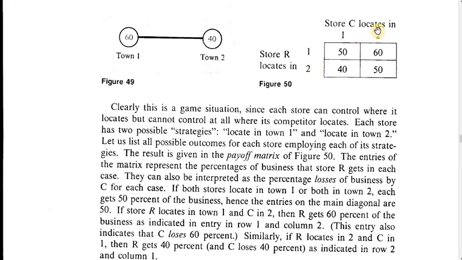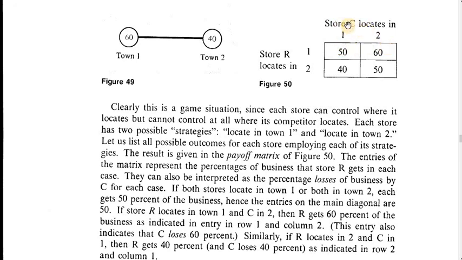On the other hand, if store C located in town 2, and store R had done town 2, he'd get 50%, which is worse than the 60%. So you can see that in every case, store R choosing town 1, he's going to be better off no matter what store C chooses.